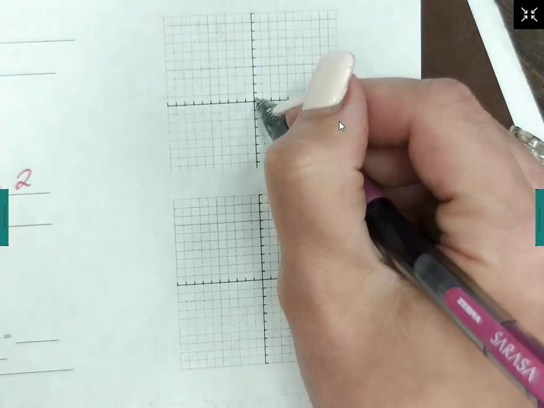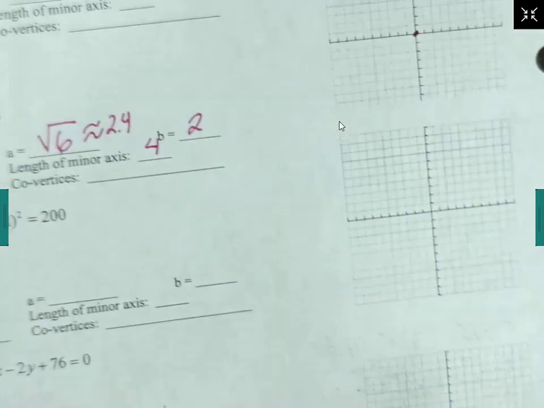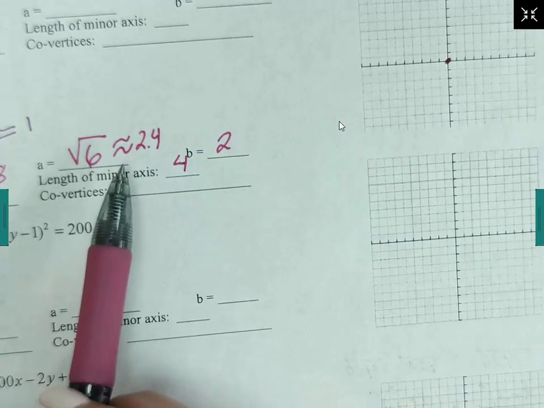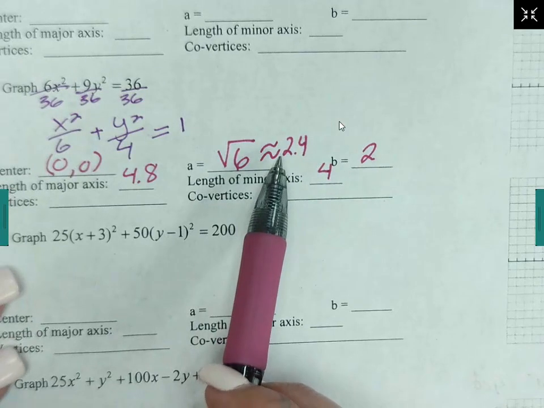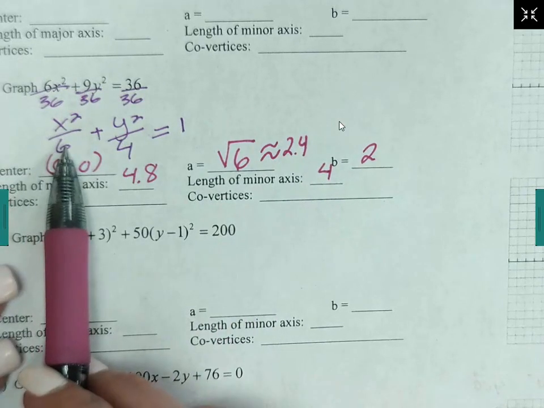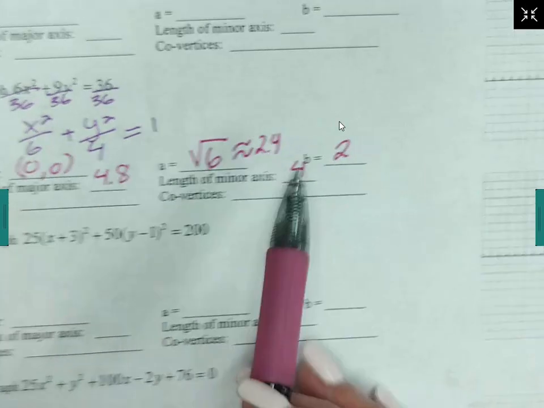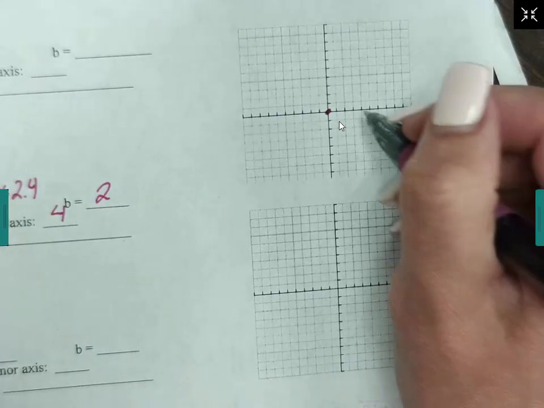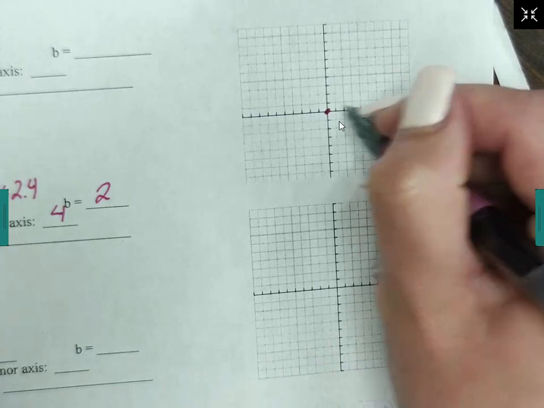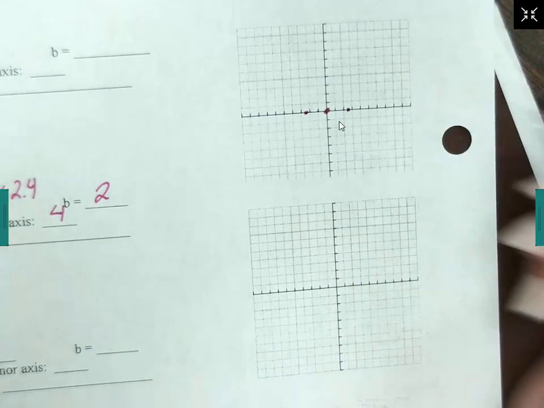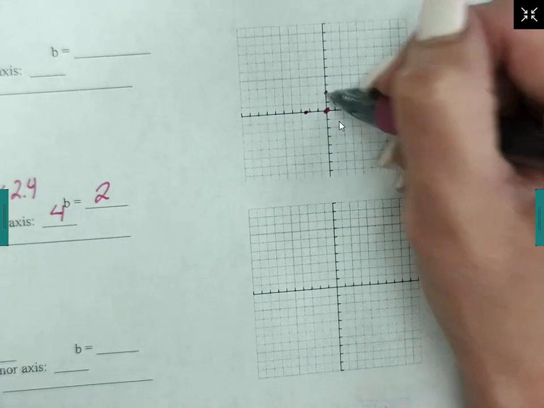What's our center? (0, 0). All right, and then which way do we go 2.4? Right. The reason we go right is because the square root of 6, which is 2.4, is under the x, okay? So we go right 2.4. We go left 2.4. And then we go up 2 and down 2.